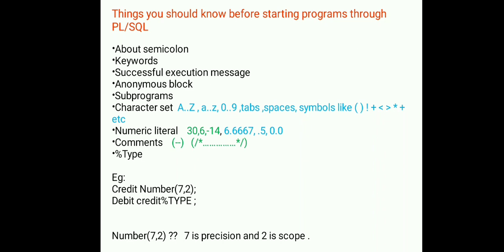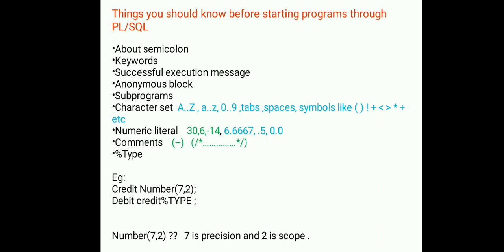Then the point is percent type. So what is percent type? Is this concept new to you? Percent type is an attribute. It provides the data type of a variable or database column. As you can see in the example, credit number in brackets 7 comma 2.